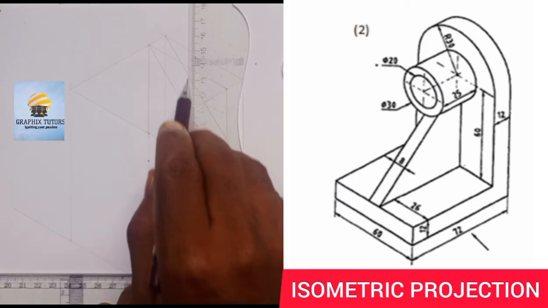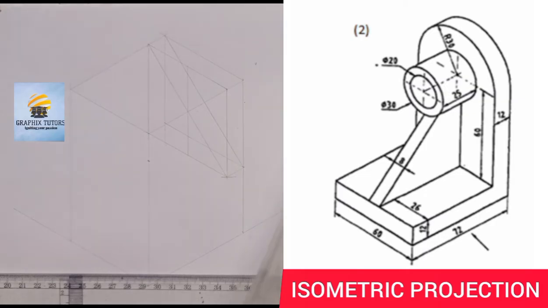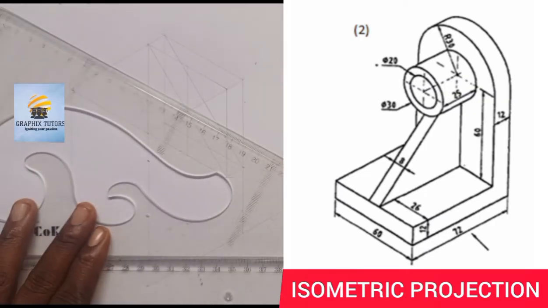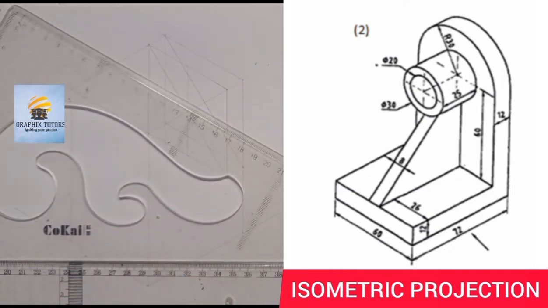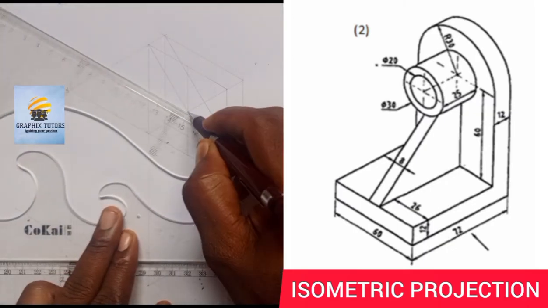So let's draw this vertically downward. Hope you can see that. And I'll do this too, vertically downward too, on this point.